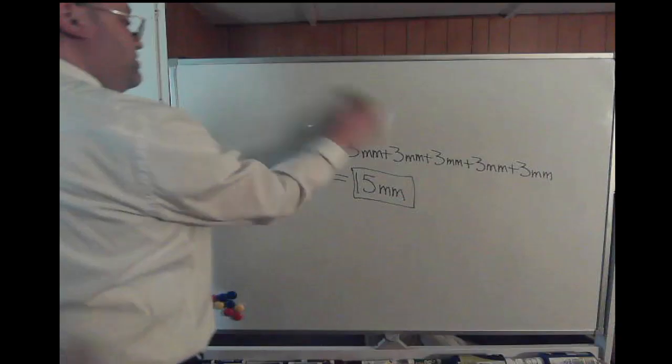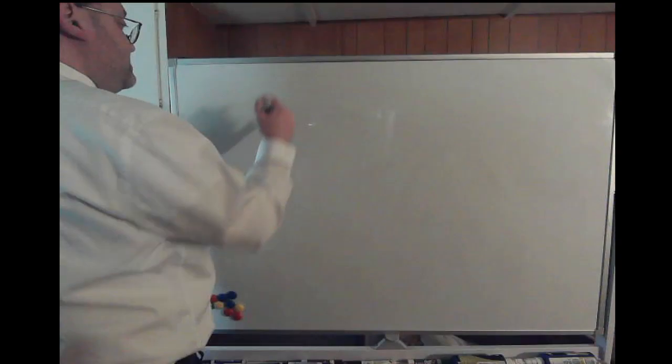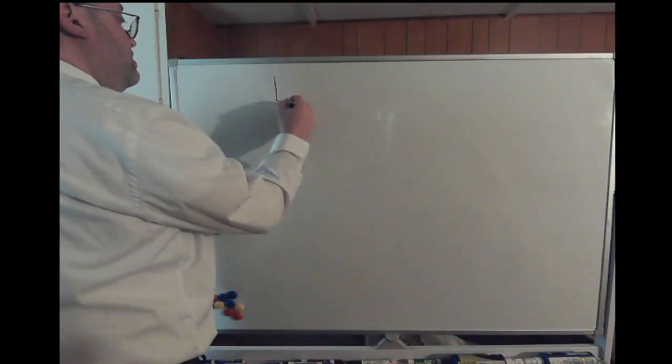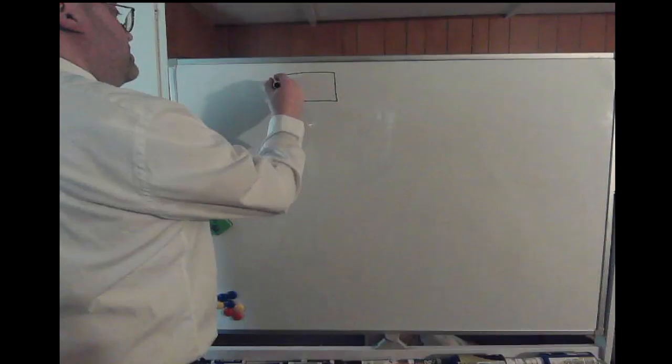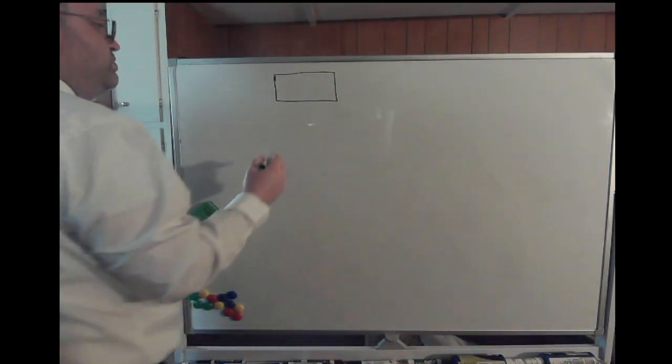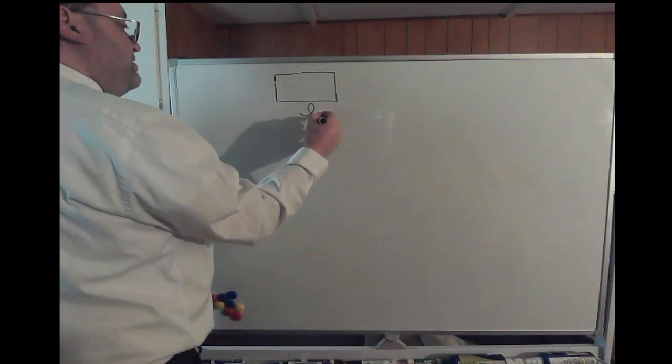Now, when we get to 4-sided figures, there's some shortcuts we can use. Let's start with a rectangle here. So we have a rectangle, and we have this here is called your length.